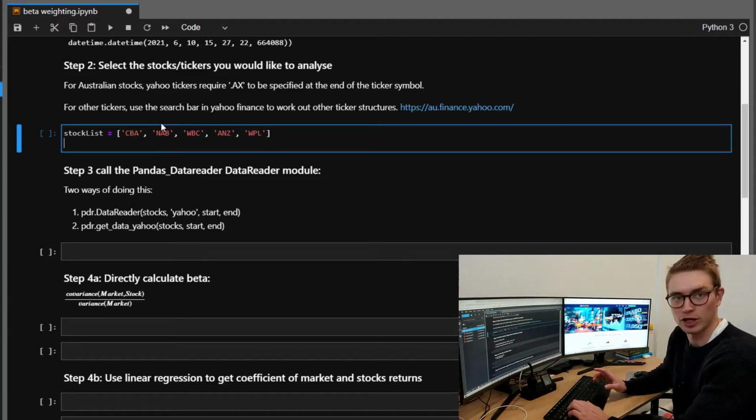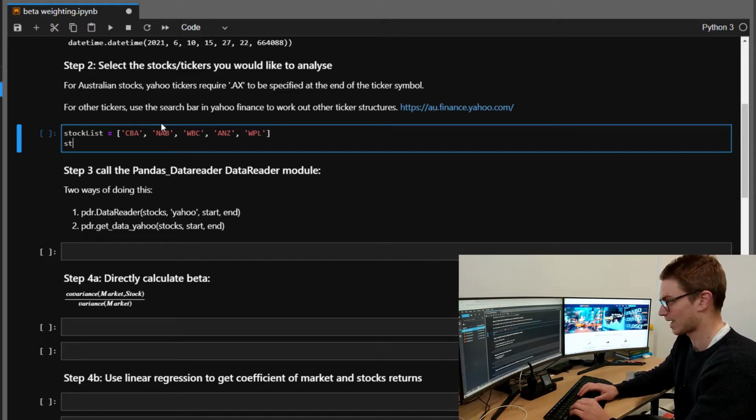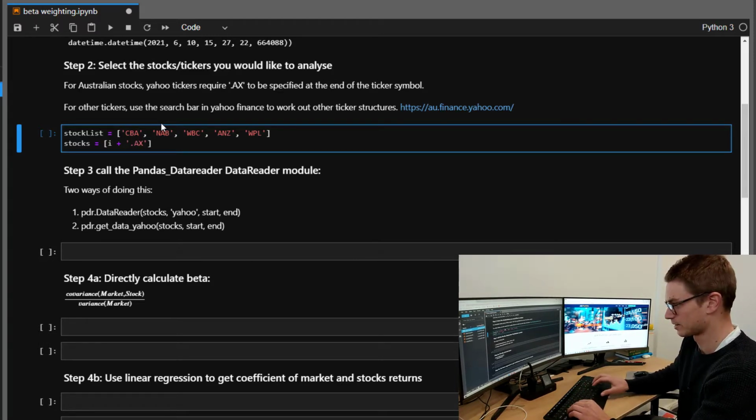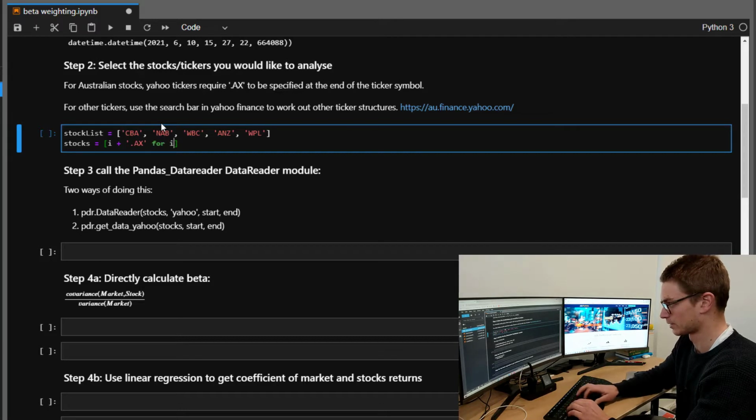Now you'll know from the Yahoo Finance data that we actually need to add .AX. So stocks equal to, so what we're going to do, we're going to add the string .AX to all the Australian stocks within this list.